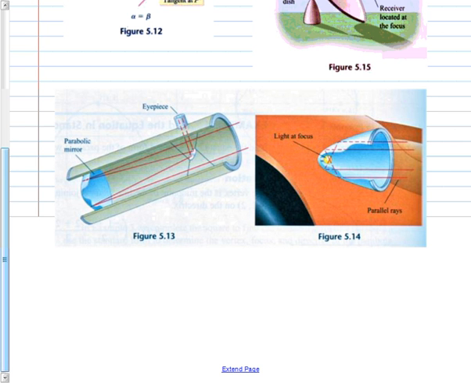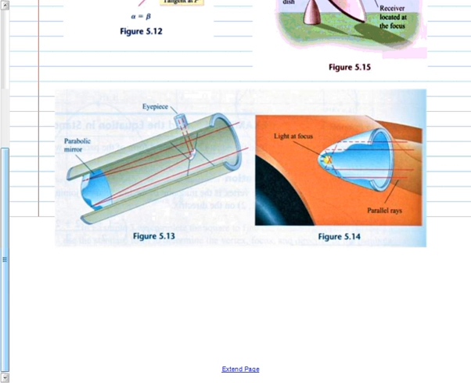You have had flashlights where you could turn them and the beam goes like this. It's sliding that light bulb. When it's right at the focus, you get a parallel beam, a spot. And when you move it out or in, then it changes. The shape of that beam is what's going on.